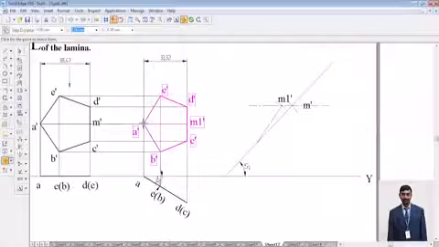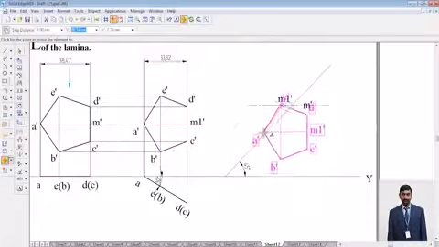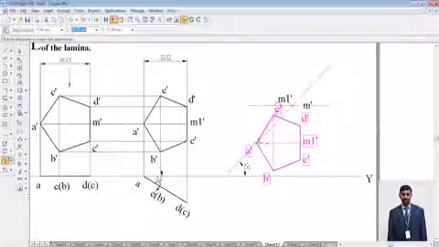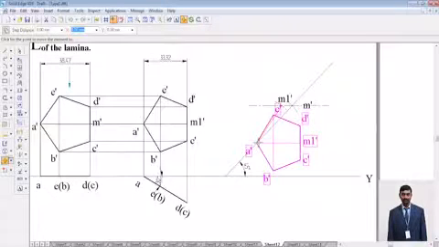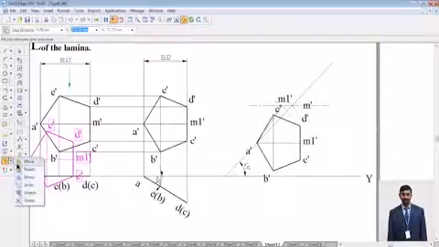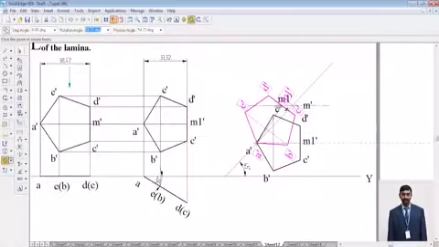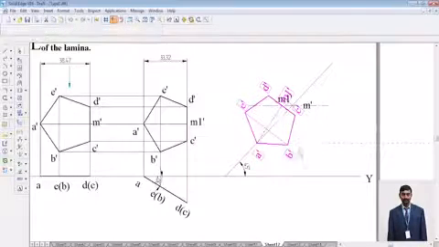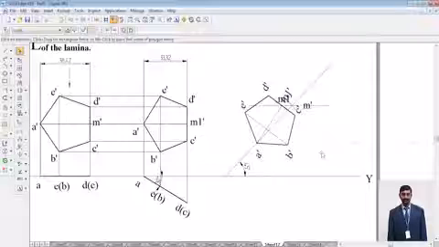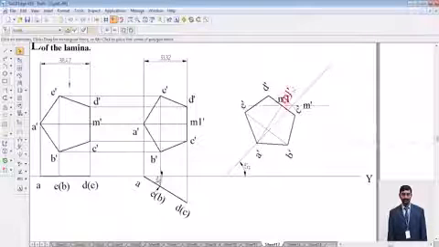So A dash, I'm going to place on this end point or the center point. So placing on this, directly come to rotate. So from A, M1 dash, I'm going to place this on beta line. So this and this line should get merged.